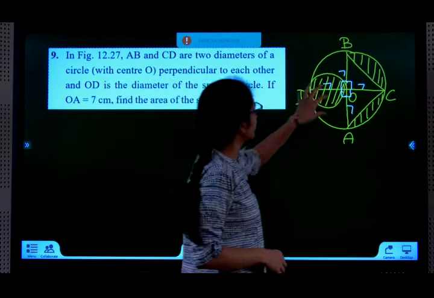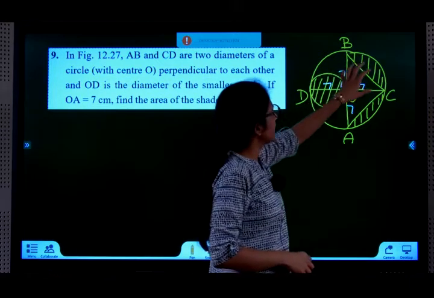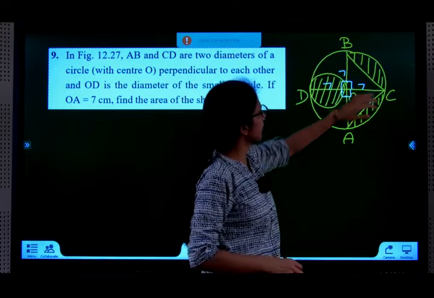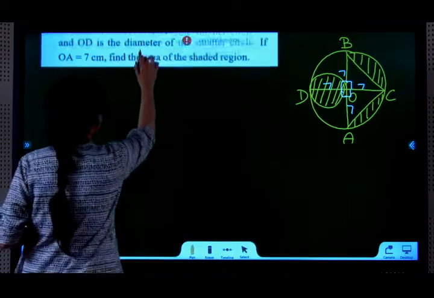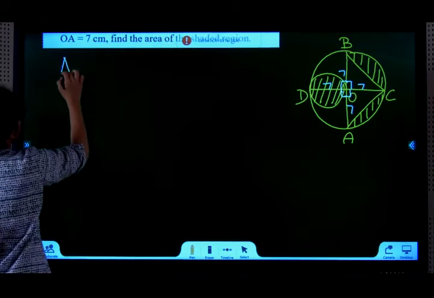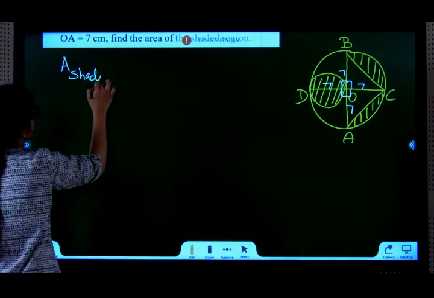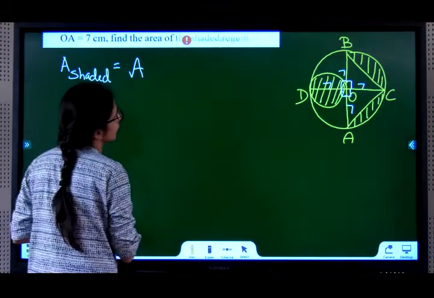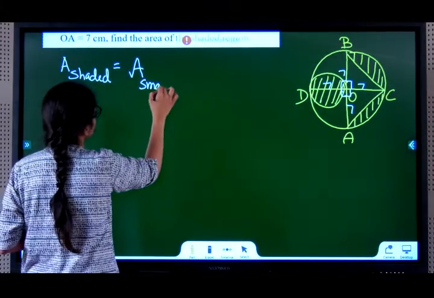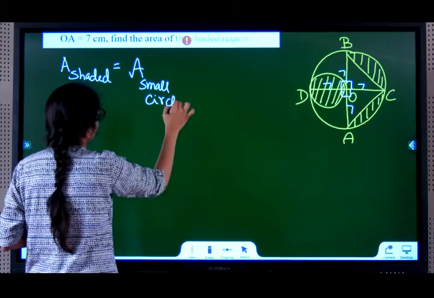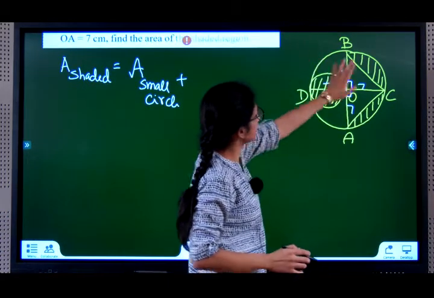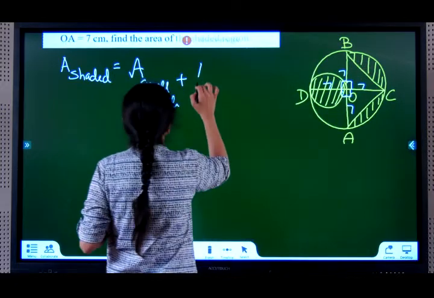Very easy. Area of small circle plus, this is a semicircle minus triangle, correct? So area of shaded region is equal to area of small circle. So I got this part. Remove this whole sector.